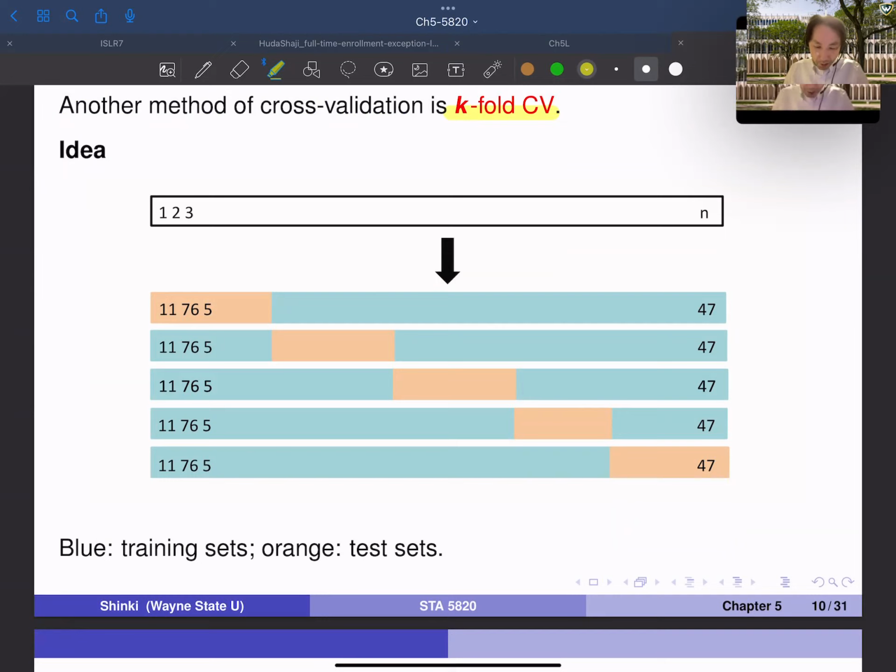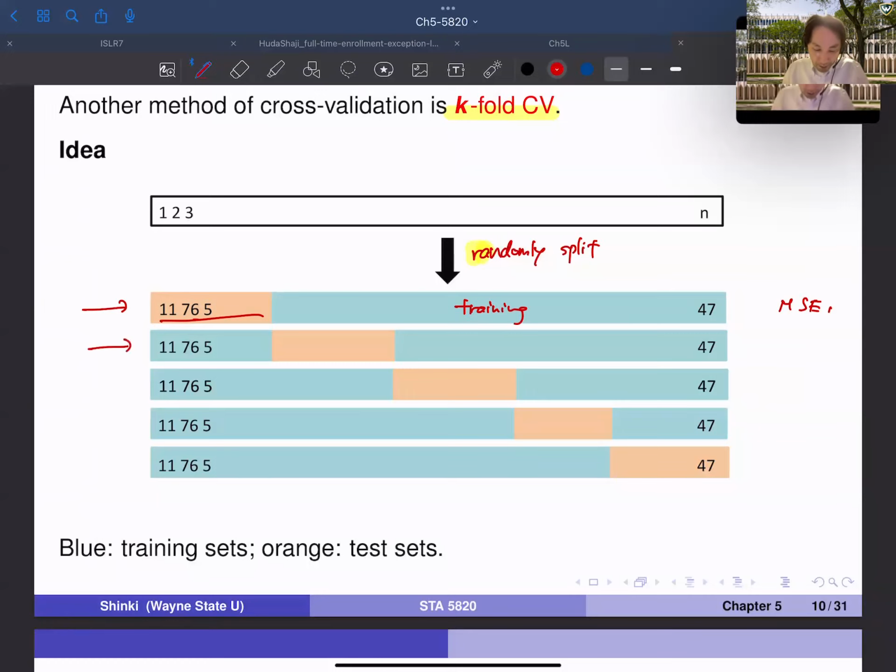We randomly separate the entire data set into 5 equal-sized subset data sets. Then we use the first fifth as the test set and the others as the training set. So this is one estimation, and we calculate the mean square error, maybe MSE1.